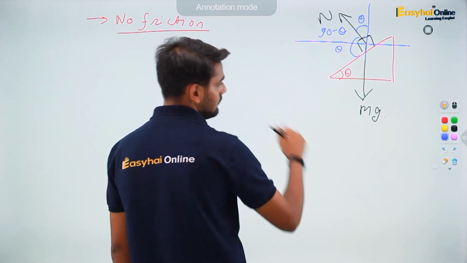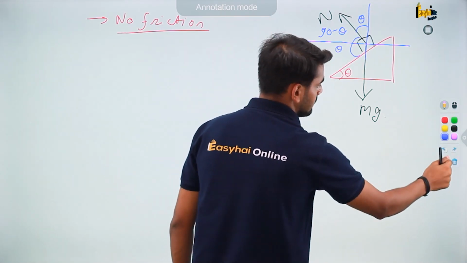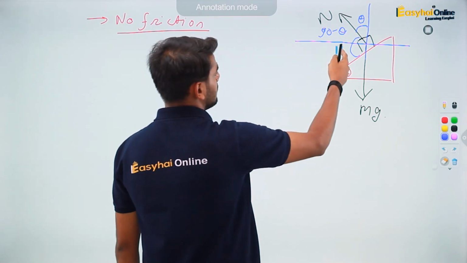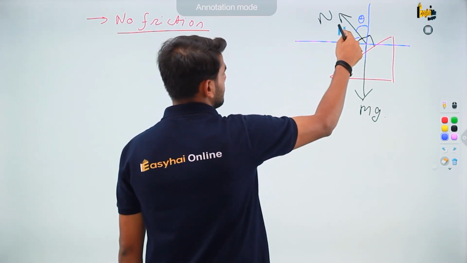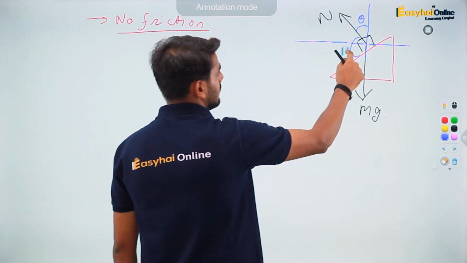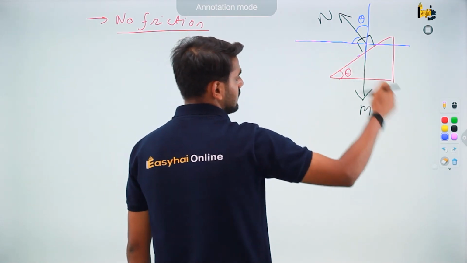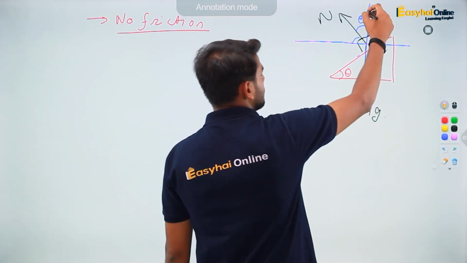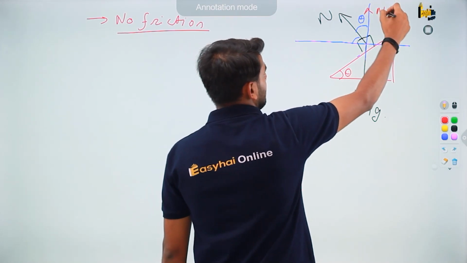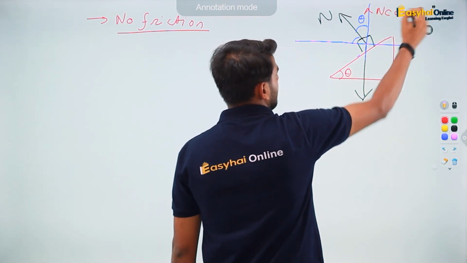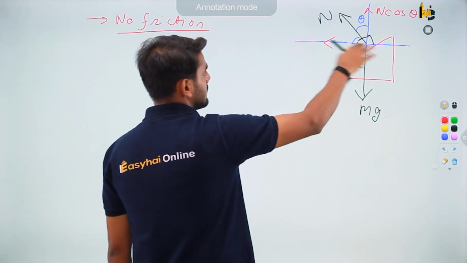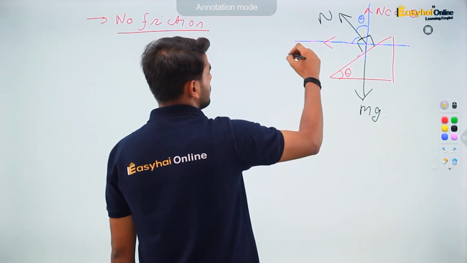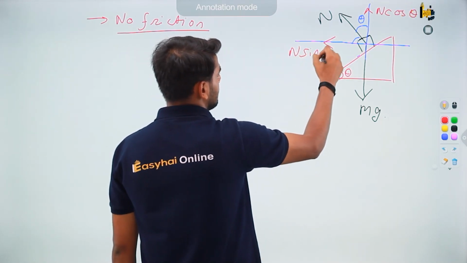Let me just erase the other parts. So there you have theta, and theta is over there. According to this, along the vertical it is going to be n cos theta, and along the horizontal x-axis that's going to be n sin theta.